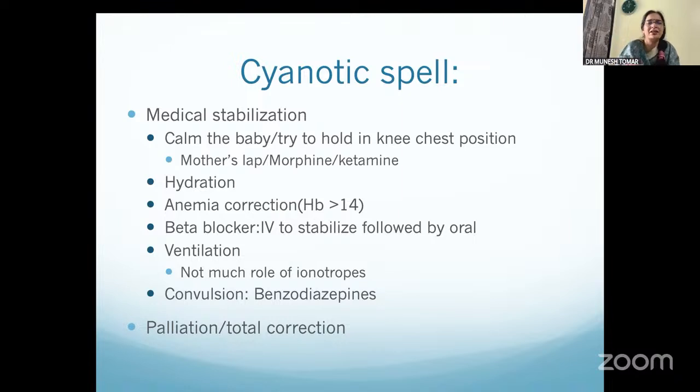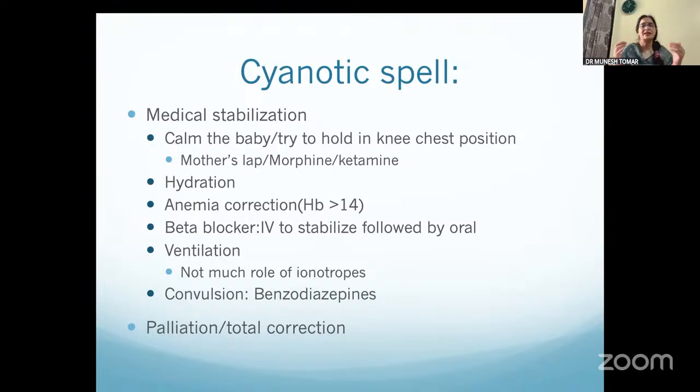Hardly do we require ventilation, but still, if things are not settling, they go for ventilation. You don't require inotropes for these babies. You just need to maintain the hydration. Whatever inotropes you use will increase the heart rate, and increasing the heart rate means you are making them sicker. So controlling the heart rate matters in any type of heart disease.